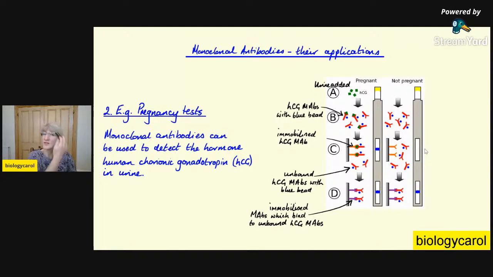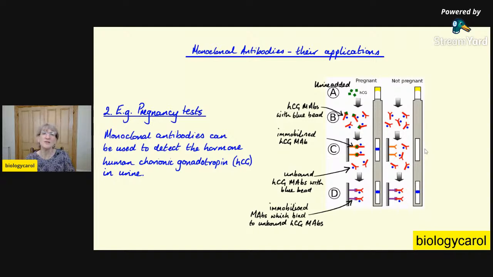We've then gone on to remind you, hopefully, that these monoclonal antibodies can stick to a specific molecule, and therefore they can be used for certain applications, particularly within medicine.